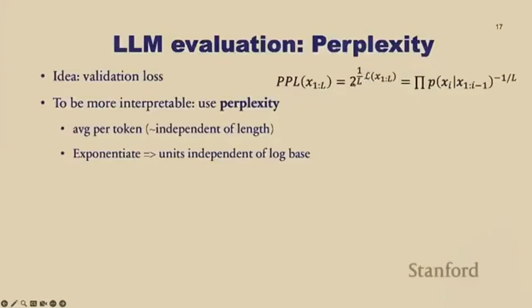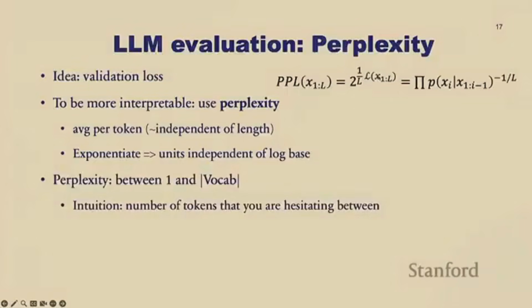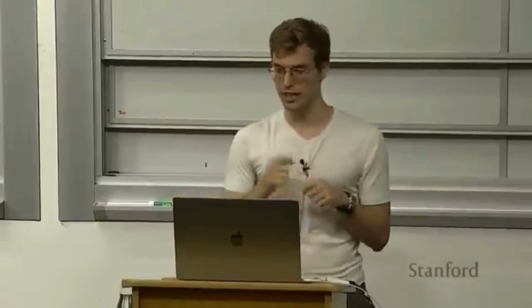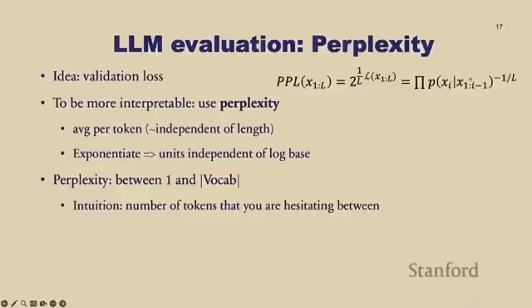So perplexity is just 2 to the power of the average loss of the sequence. Perplexity is between 1 and the size of the vocabulary of your tokenizer. If you predict everything perfectly, then every word has probability one, so the best perplexity you can have is 1.